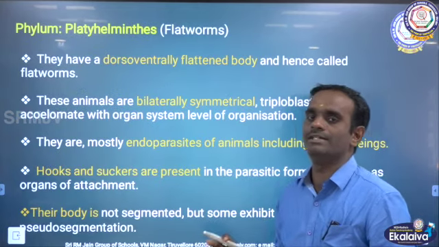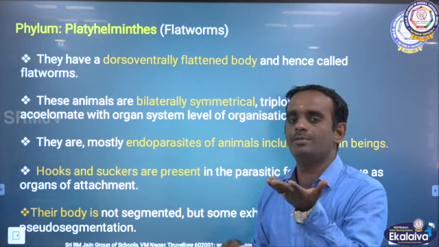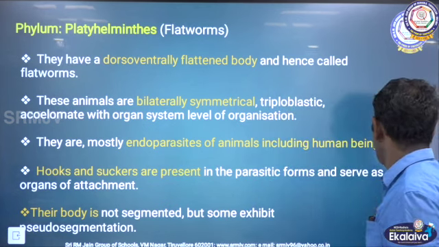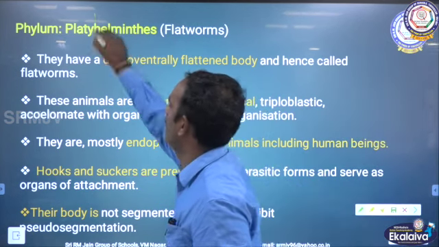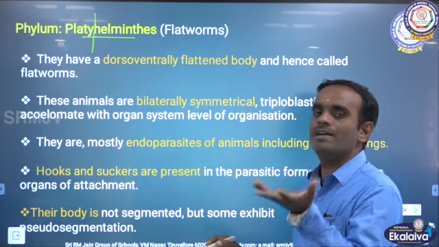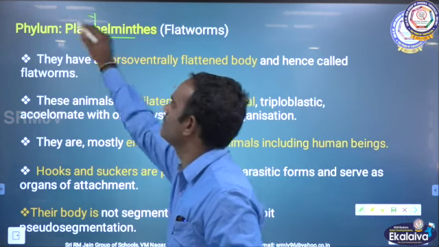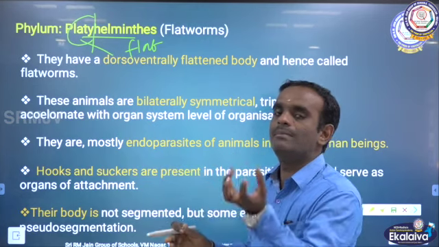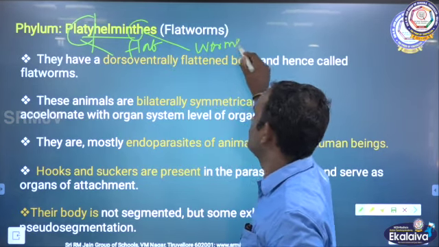Next, the third one is Phylum Platyhelminthes. How do you pronounce Platyhelminthes? See here. Can you get my point? What is the meaning of Platyhelminthes? Platy means flat, and helminthes is nothing but worms.